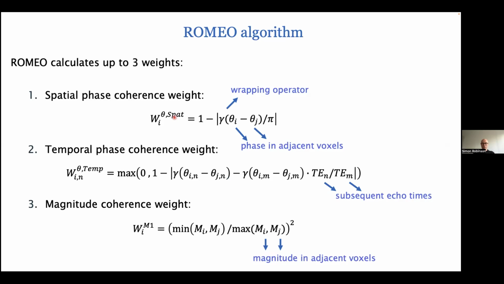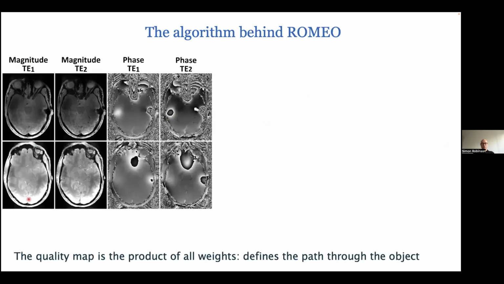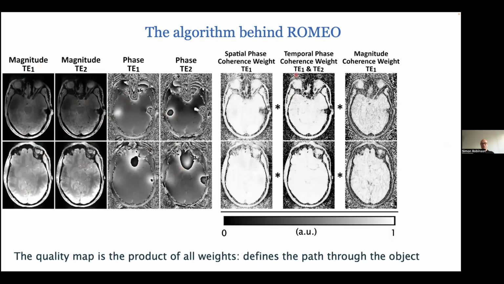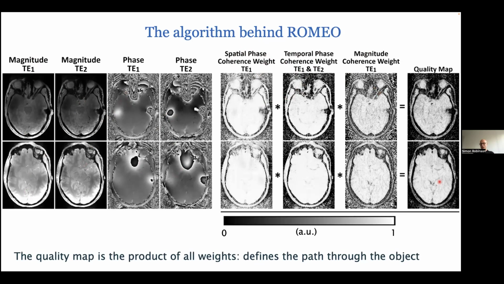And I'll show you what they look like. So if we've got, say, the magnitude at 2 echo times and the phase at 2 echo times, then these are what these three weights look like: the spatial phase coherence, temporal phase coherence, and the magnitude coherence. We multiply them all together in order to get this quality map, which then guides the unwrapping through the objects.